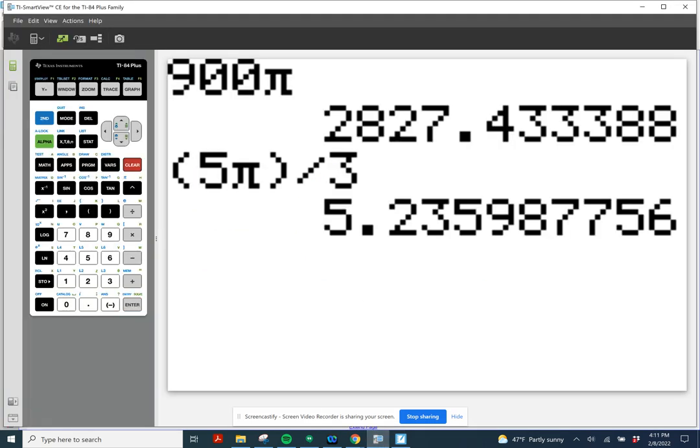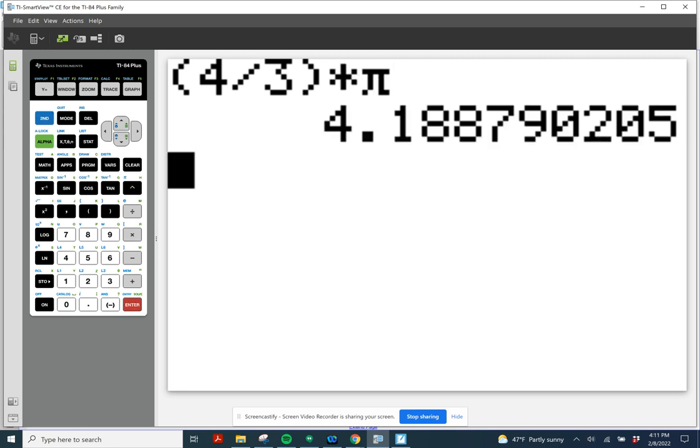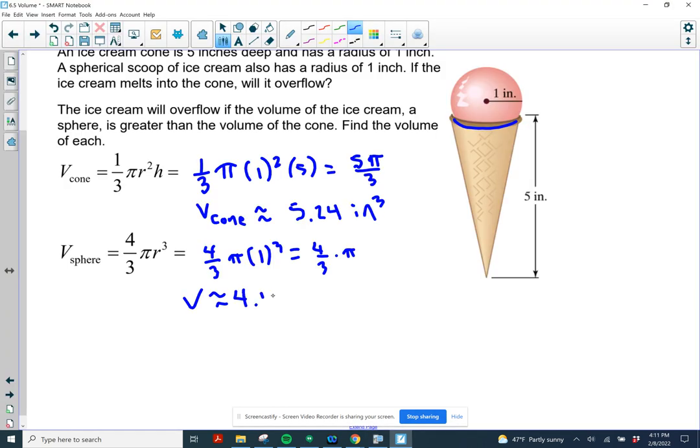So here we go. I'm going to clear off some stuff. I'm going to do 4 divided by 3. If you're not quite sure, make it do this, and then multiply by the pi. 4/3 times pi. Use those parentheses. I get 4.19 cubic inches.